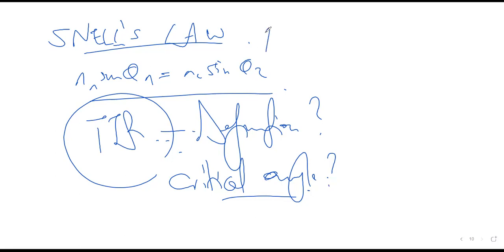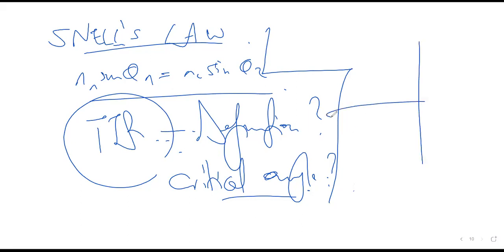For that smallest value, which produces a 90 degree refracted ray, what happens when the angle is bigger than that smallest value? Total internal reflection.